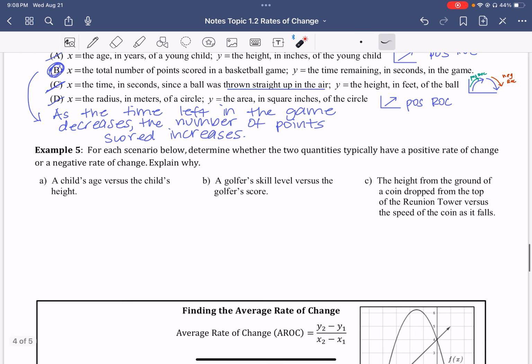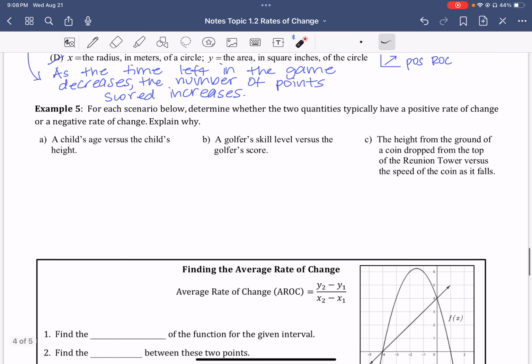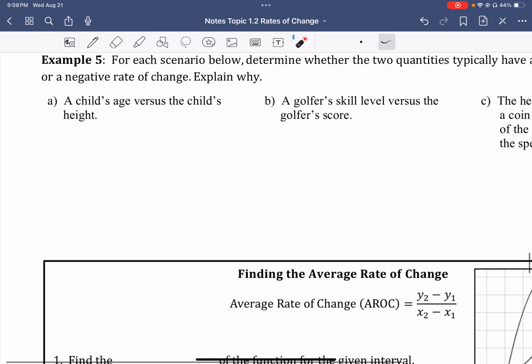Okay, now we have some more examples. For each scenario below, determine whether two quantities typically have a positive rate of change or a negative rate of change and explain why. We kind of already did answer, letter A, a child's age versus the child's height.